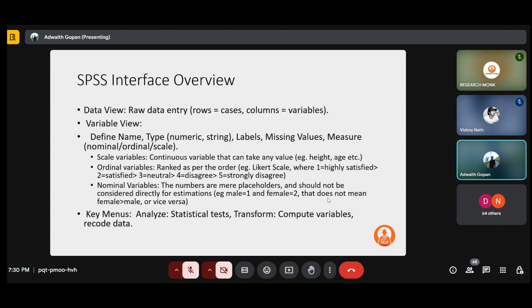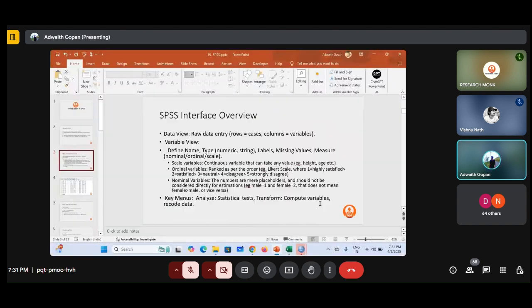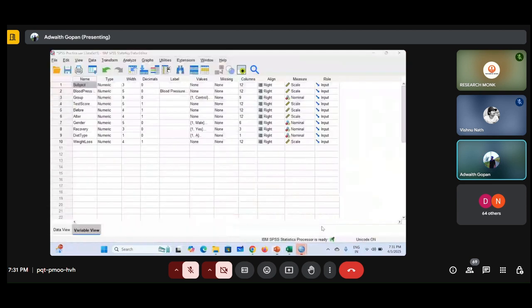So first, I'll give you an overview of the SPSS interface. I'll open SPSS just to help you visualize. So this is your SPSS interface, where you will have two windows whenever you open SPSS.